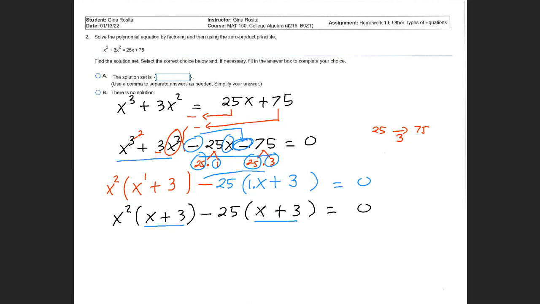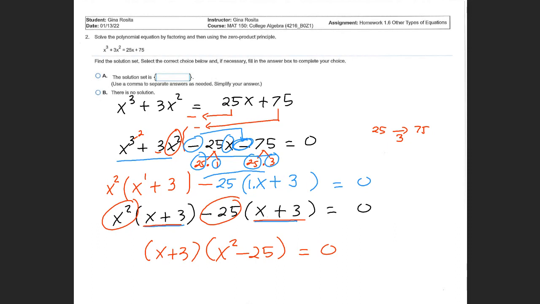So now we just write down again. So it becomes x plus 3. Okay. Ready to write down for this one? That's right. So the rest, we just copy: times (x squared minus 25) equals 0.